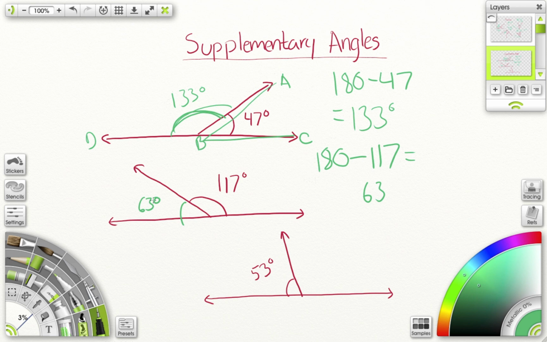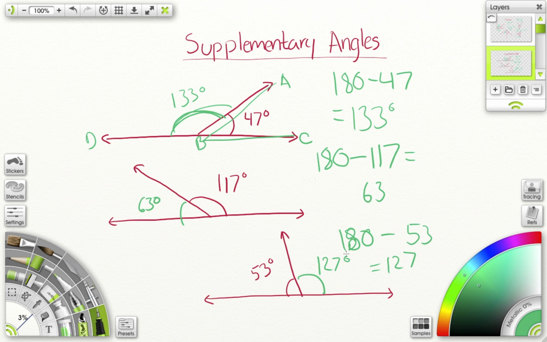What about this one here, 53 degrees? First step, 180 minus 53. 127 is my answer. So that means this angle right here has to be 127 degrees, because 127 and 53 equal 180. And that's it.